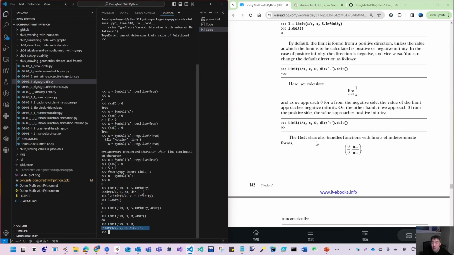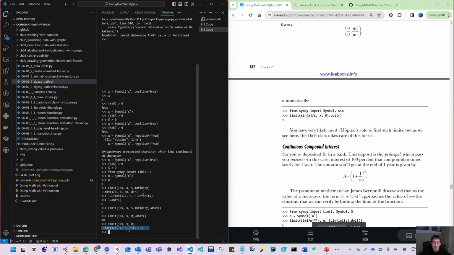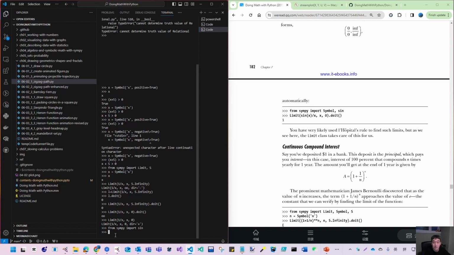And here we calculate this one. Then the limit class also handles functions with limits of indeterminate form like this one, infinity. So from SymPy, we already imported symbol, then we just add the sin. So we see the limit of sin x divided by x, and use x as the variable.